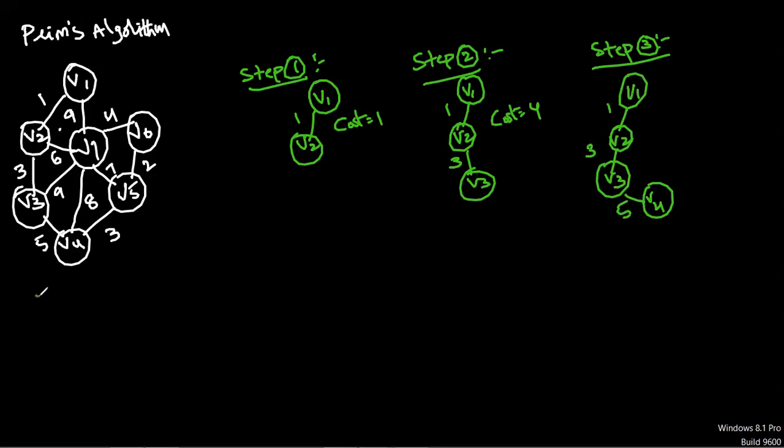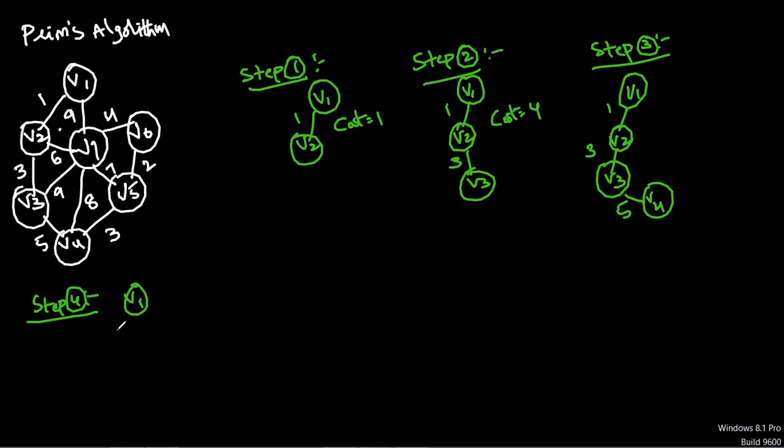Next, coming to step 3, we have to select the minimum cost edge for the vertex V4. Again there are two paths for V4, V4 to V7 and V4 to V5, but there is a rule that we have to select the minimum cost edge.